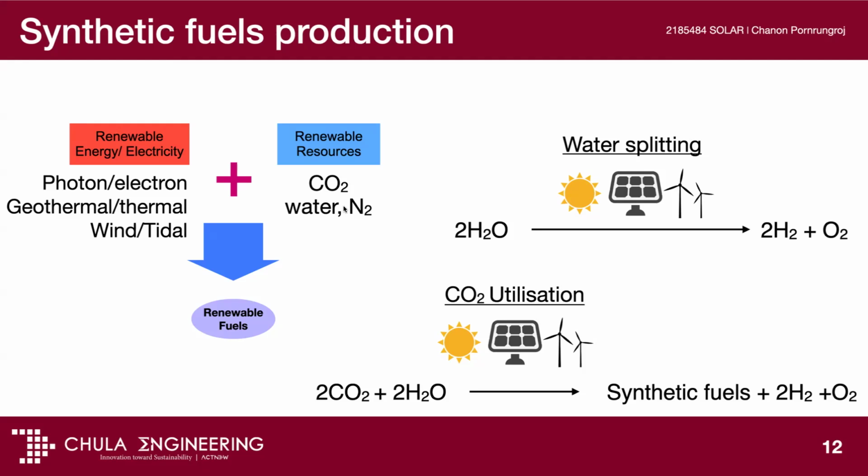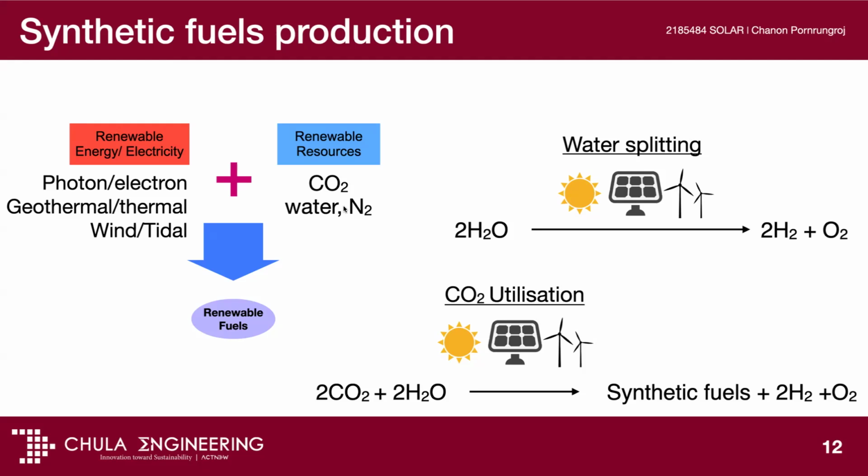And when the electricity is needed, it can then be combined with oxygen through fuel cells and give you the electricity. Of course, the round trip efficiency is about 40%, not as high as batteries, but we're talking about long-term storage.